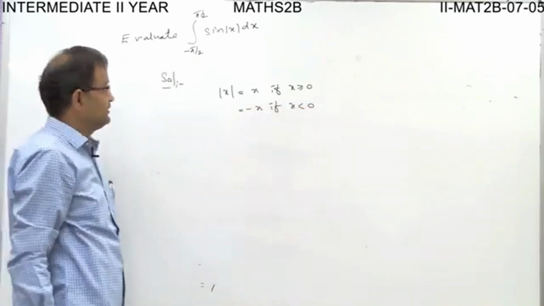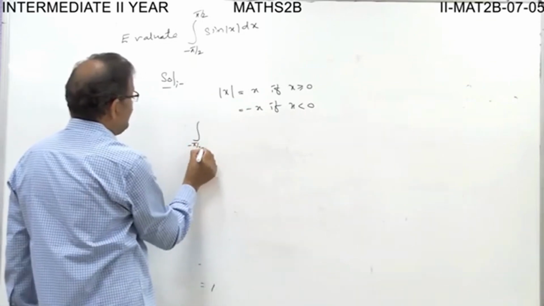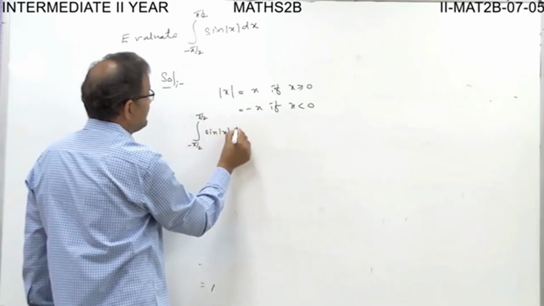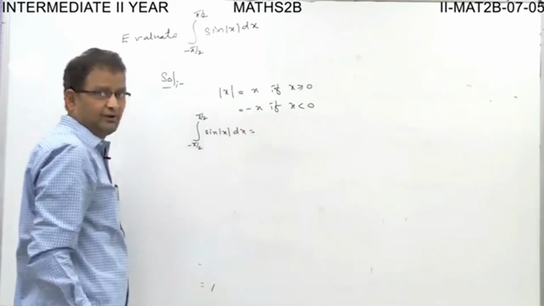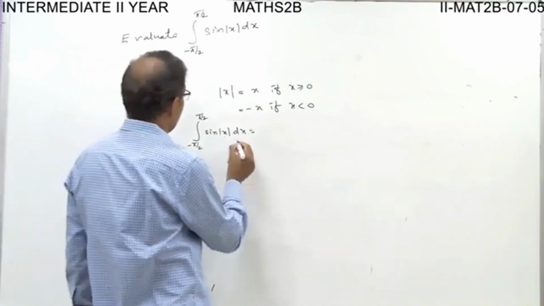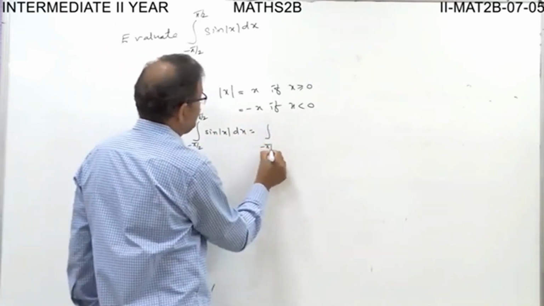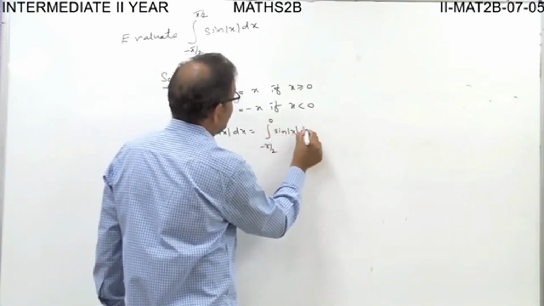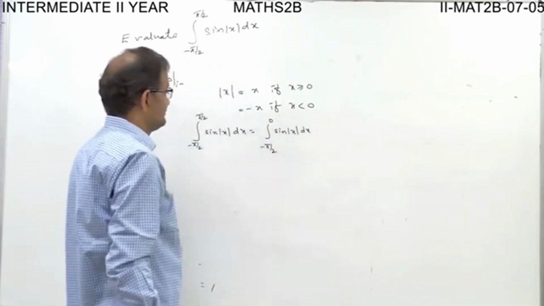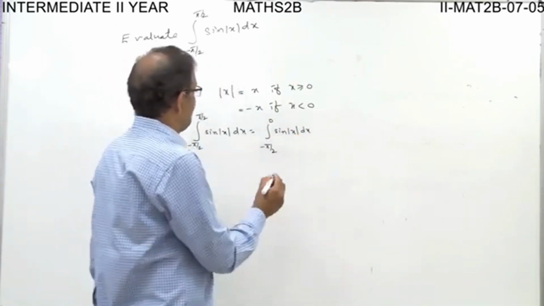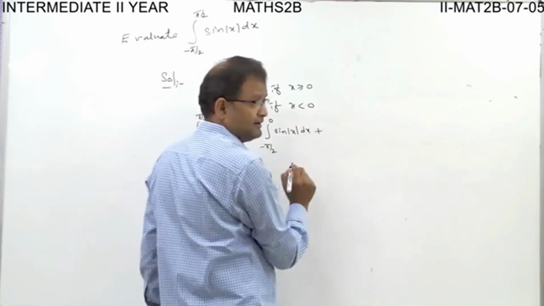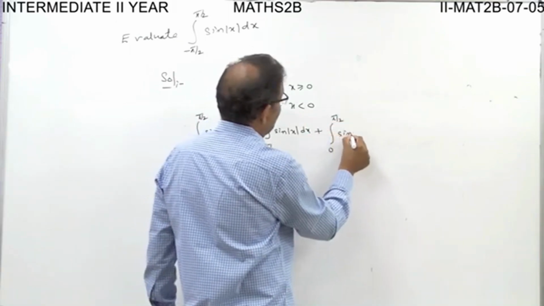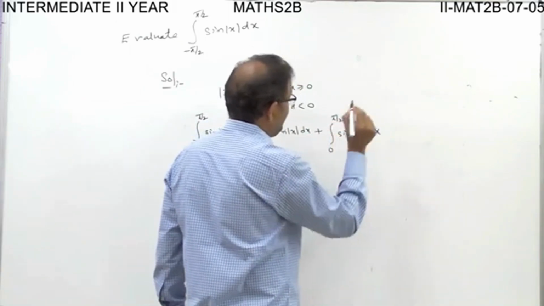Integral from -π/2 to π/2 sin of mod x dx is equal to integral -π/2 to 0 sin of mod x dx plus integral 0 to π/2 sin of mod x dx.